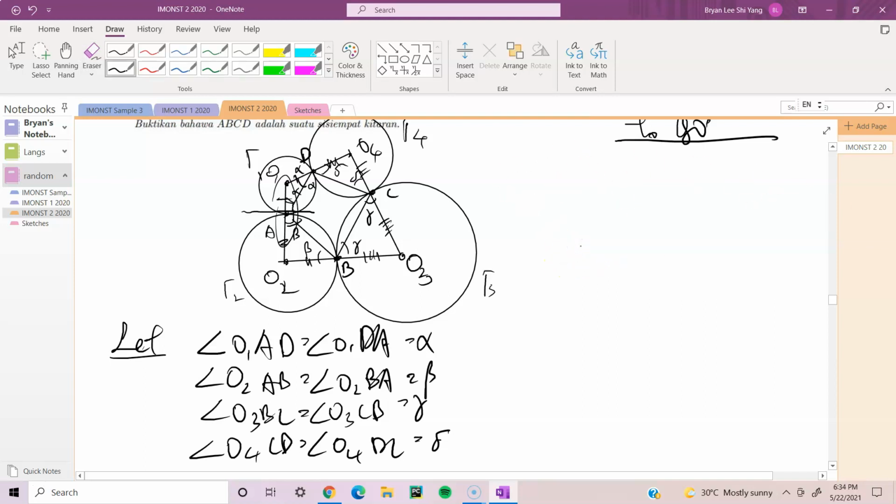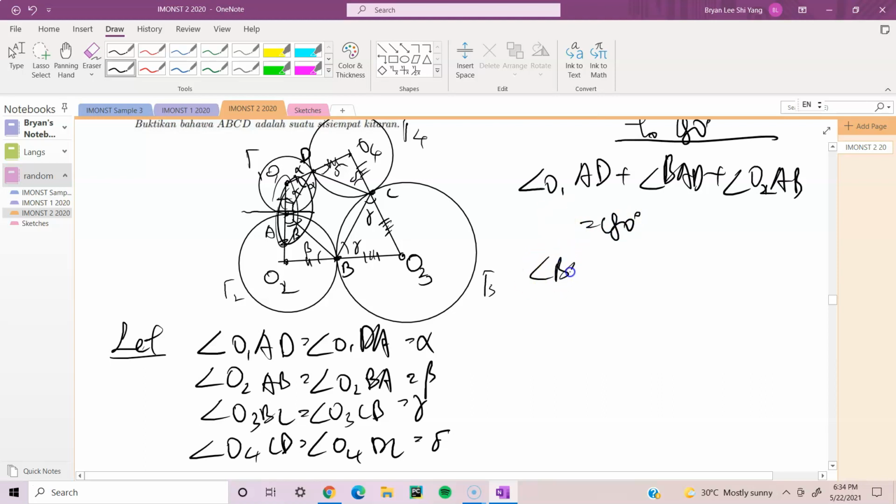Okay, so what we have here, we will look at this area. So at this area, we will have angle O1AD plus angle BAD plus angle O2AB equals 180, right? So we have angle BAD plus alpha plus beta equals 180.